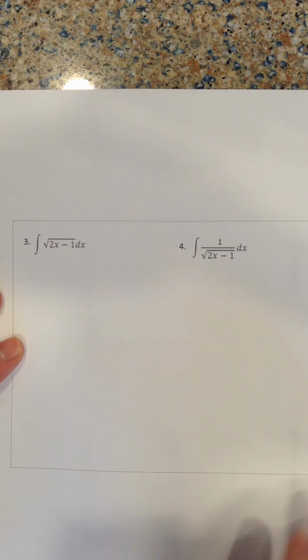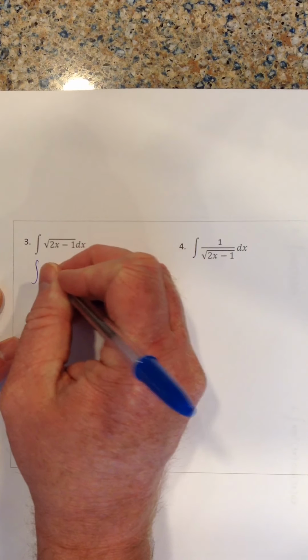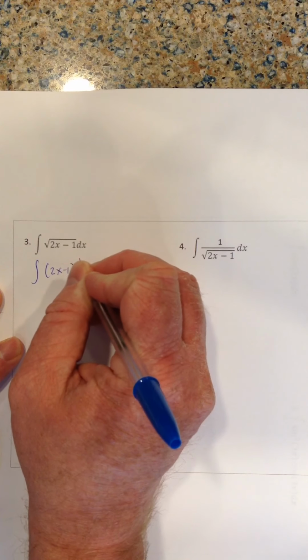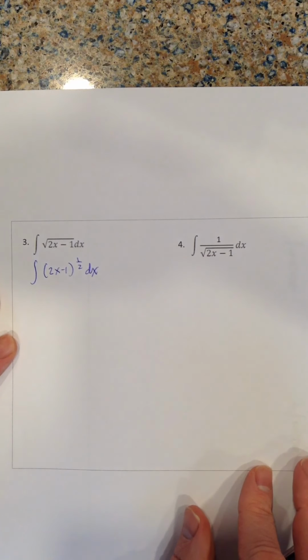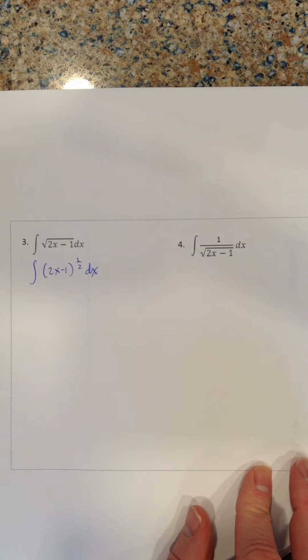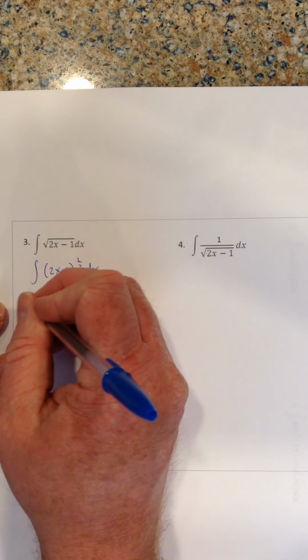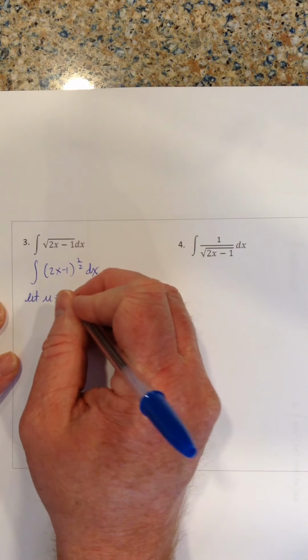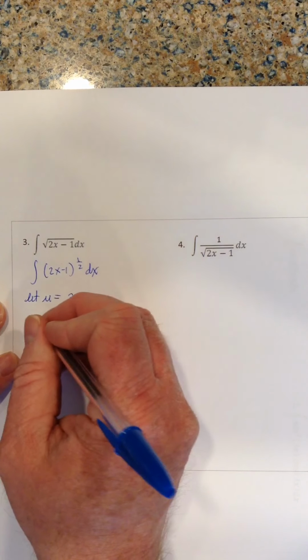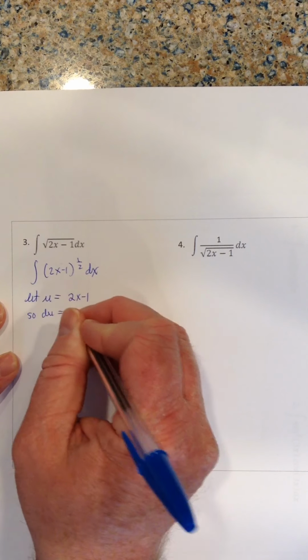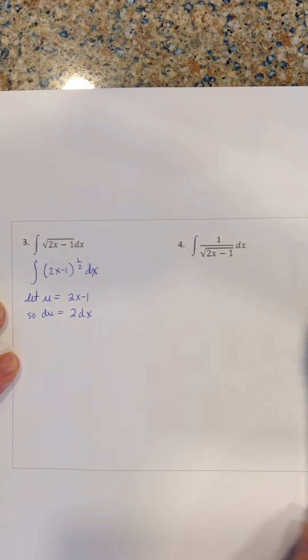Okay, number 3. Well, I'm going to write that as (2x minus 1) to the 1/2 power dx. Okay, because square root is 1/2 power. I'm going to let u be 2x minus 1. So du will be the derivative of that, it would be 2 dx.